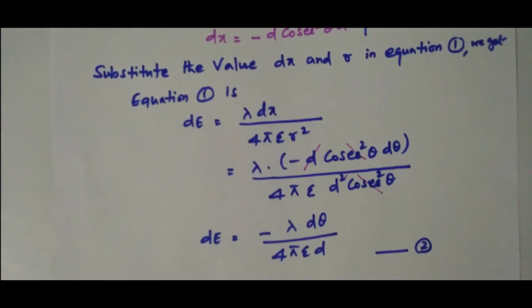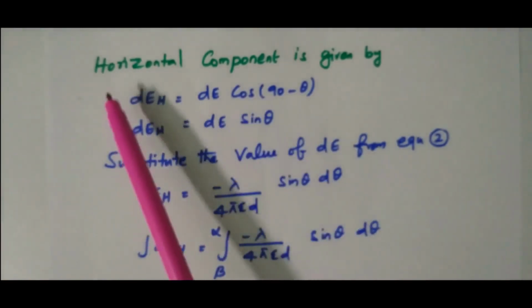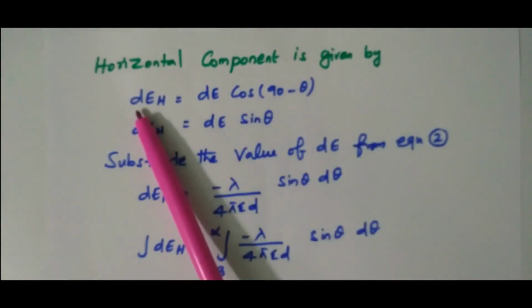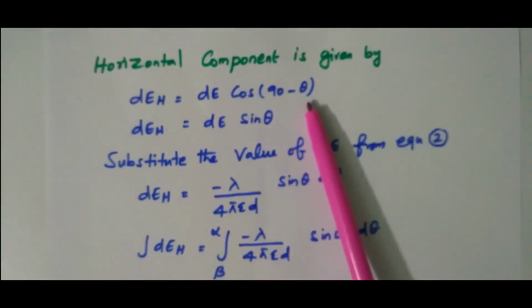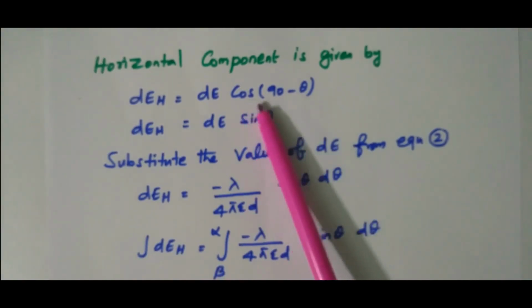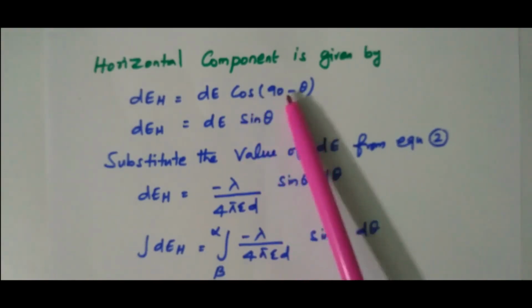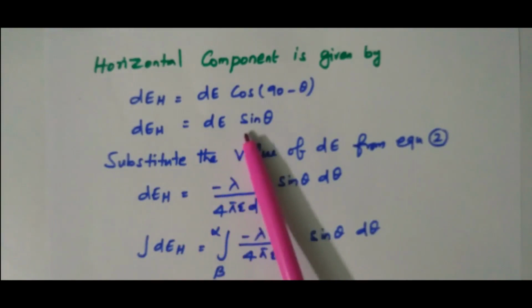Right, we already discussed we have horizontal component and vertical component. First we will find the horizontal component. What is the horizontal component? Horizontal component equals total component multiplied by cos(90 minus theta). From the triangle we already got this expression. So cos(90 minus theta) can be written as sin theta. So dEH equals dE sin theta.